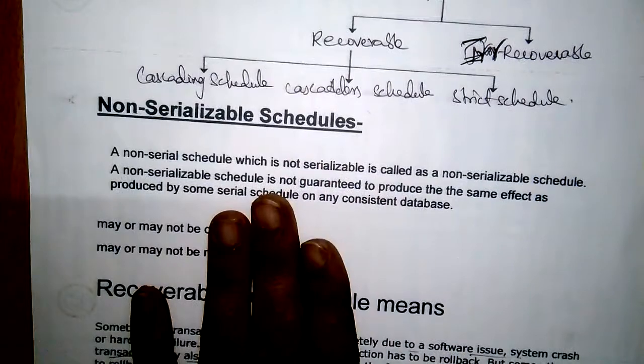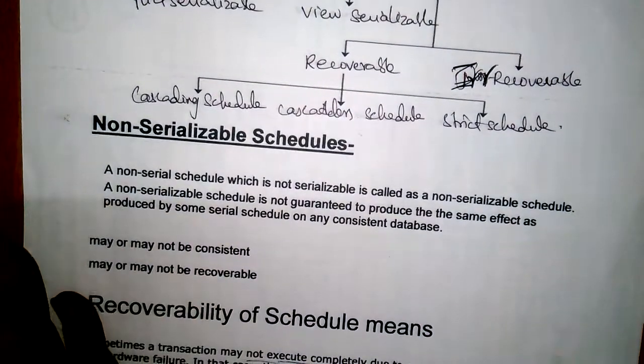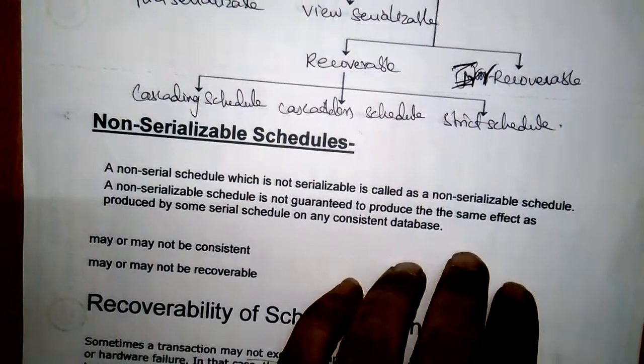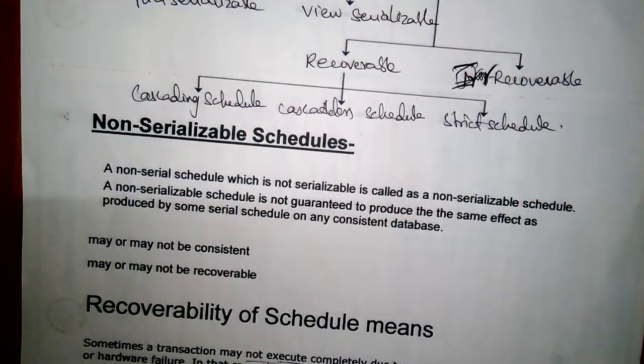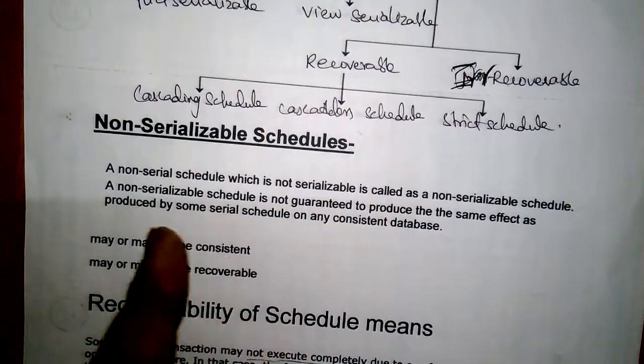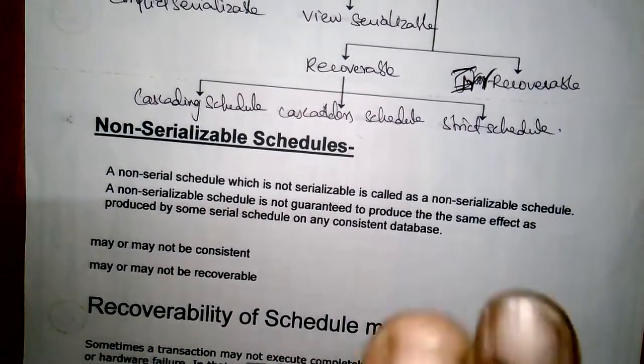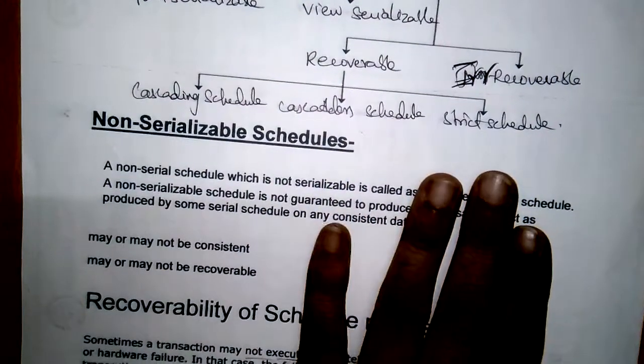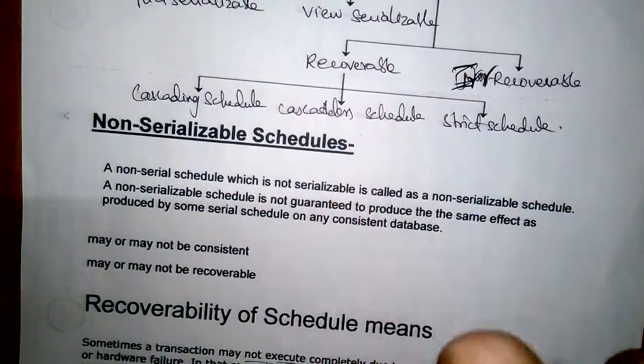These are the two conditions. Why? Because we are saying a non-serializable schedule is a schedule which is a non-serial schedule and is not serializable. That's why we are saying whether it leaves a database in a consistent state or not. It may be recovered, may not be recovered.